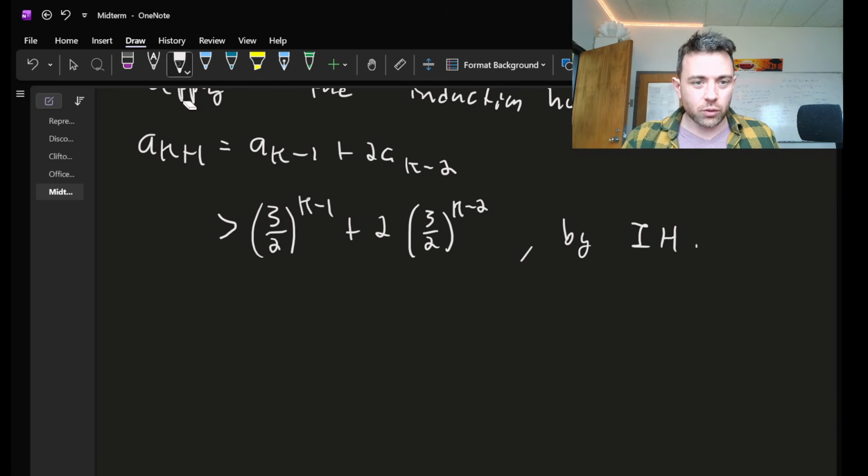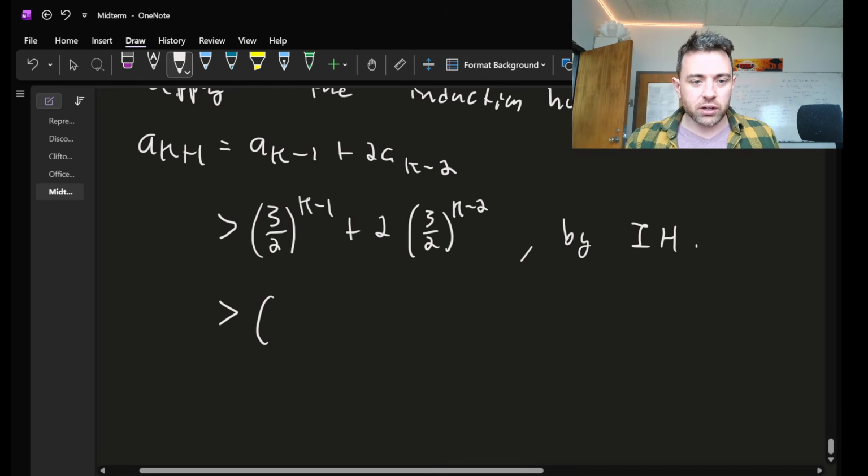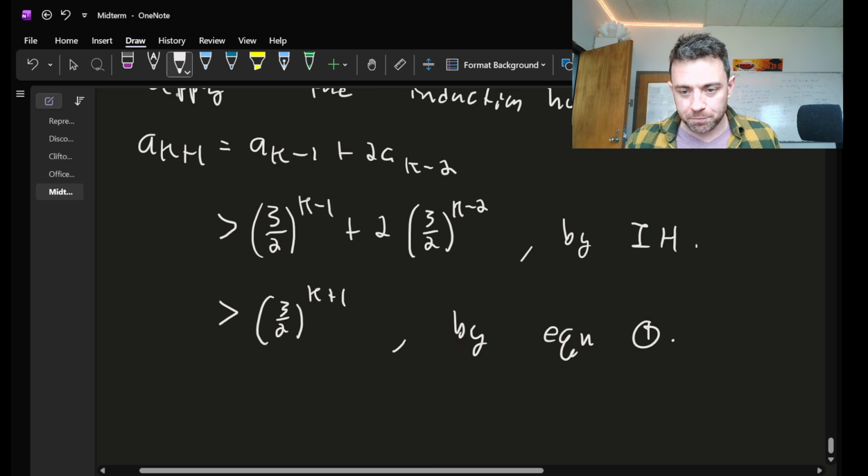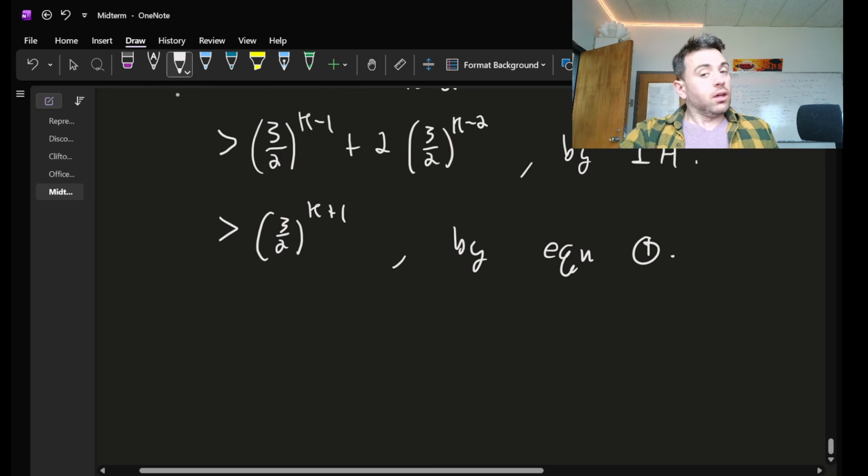And so finally, we know that this is bigger than 3 over 2 to the k plus 1, and now we could reference equation 1. And that's it, right?